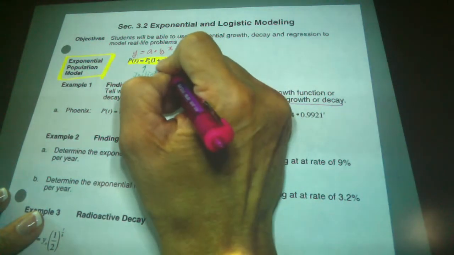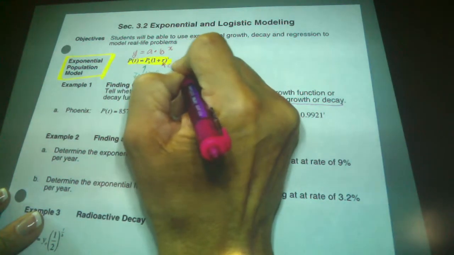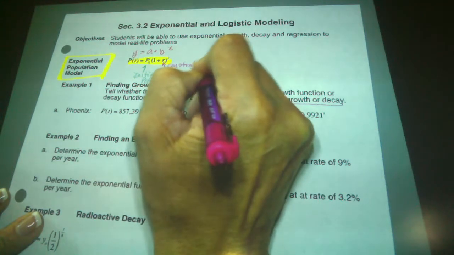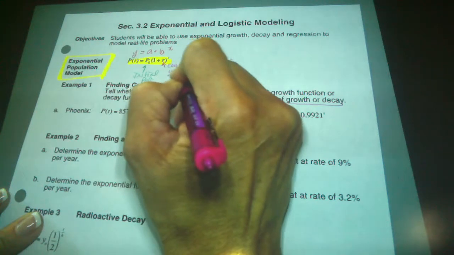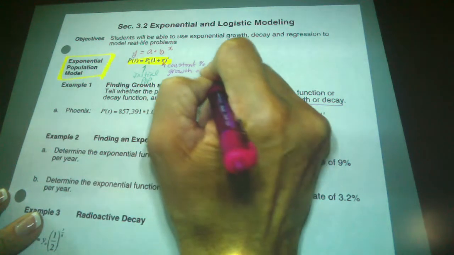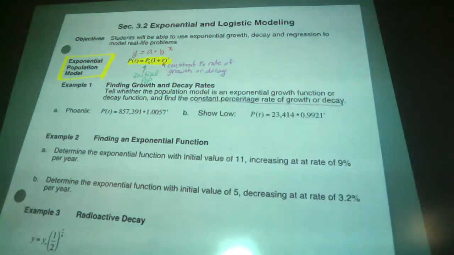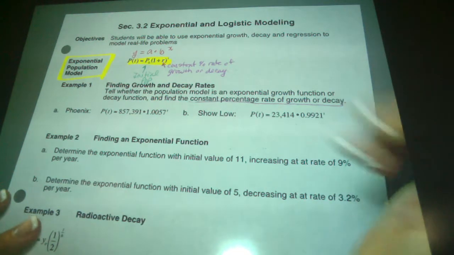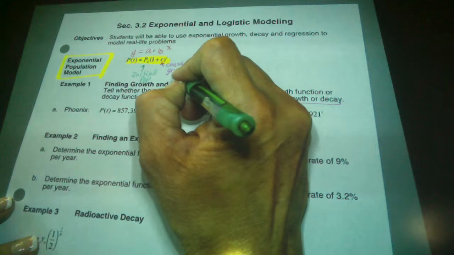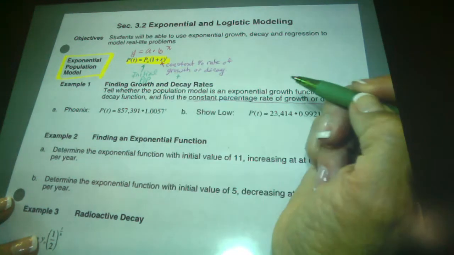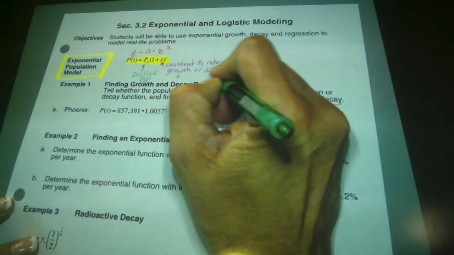That's what R is. Constant percent rate of growth or decay. If you're looking specifically at R, if R is positive, it will be growth. If R is negative, it will be decay.